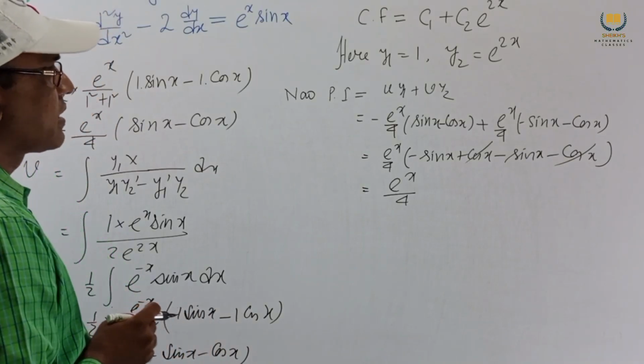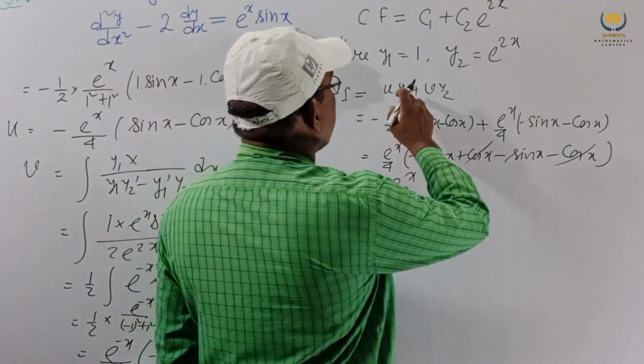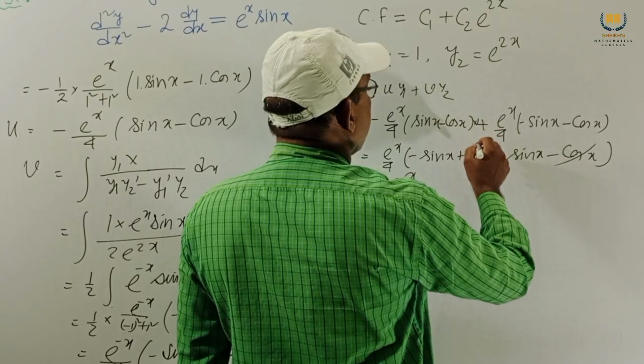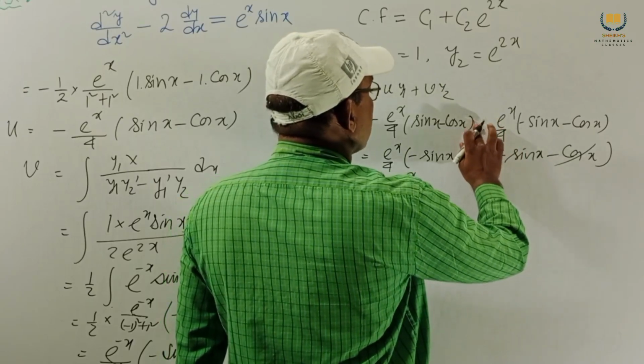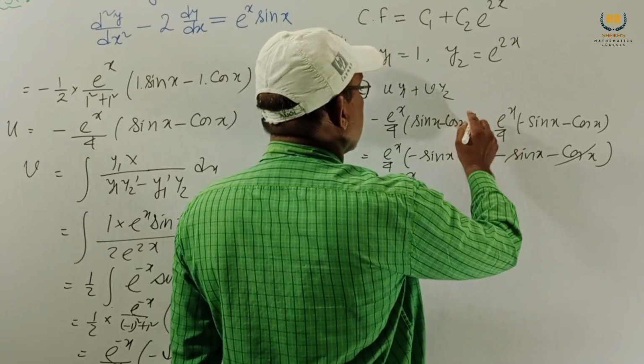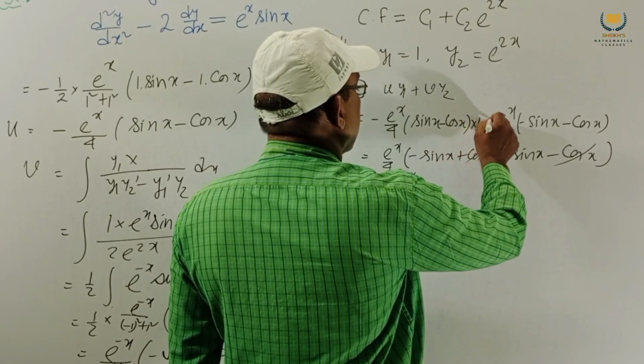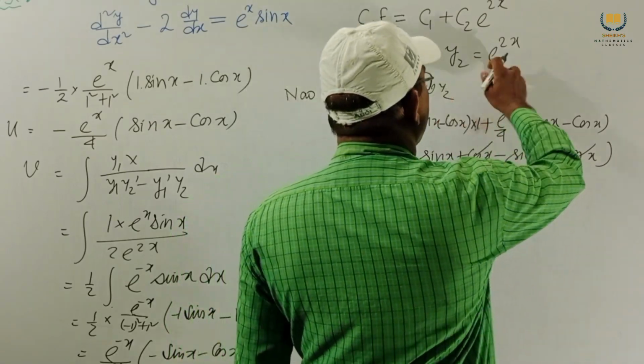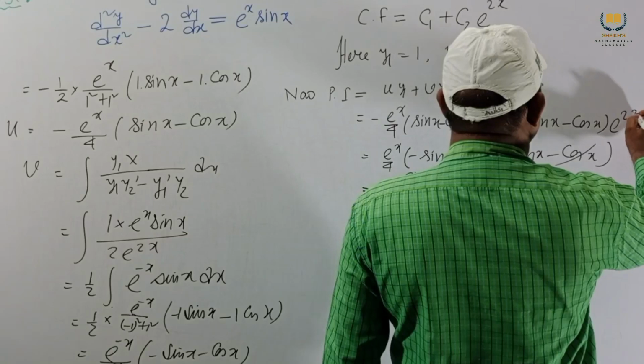One thing is a mistake: u means this, and y1 means 1, and y2 means e to the power 2x.